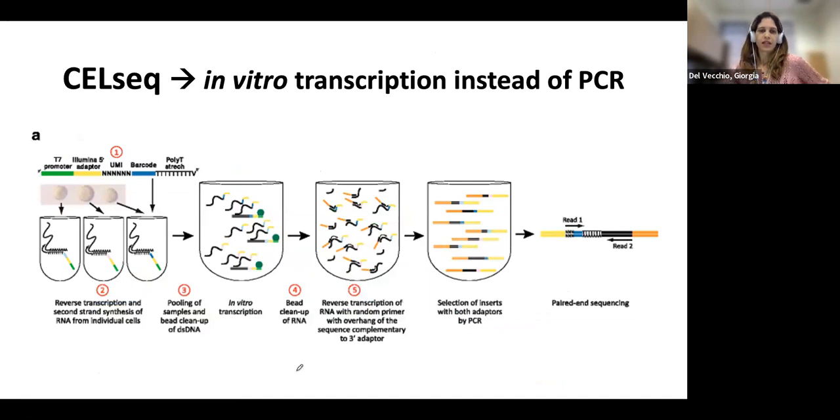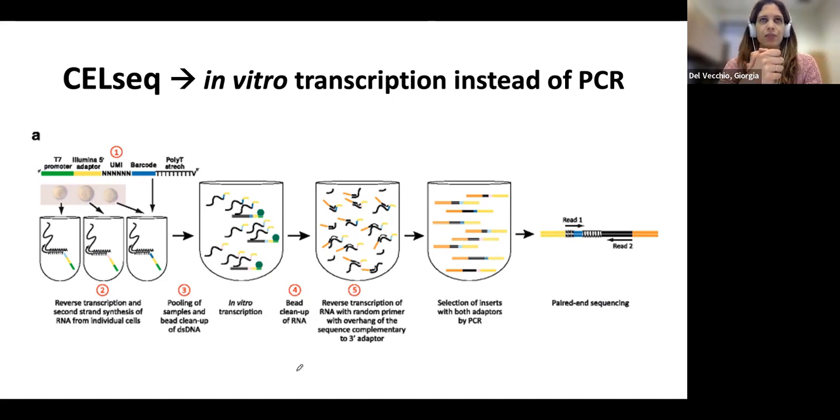Okay, so as a last approach, I just want to mention this. The Smart-Seq is quite unusual, so it's not really a common procedure, but I wanted to mention it anyway. It's peculiar because Smart-Seq is using in vitro transcription instead of PCR.